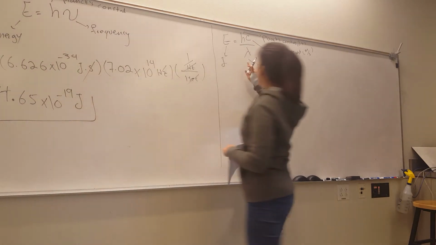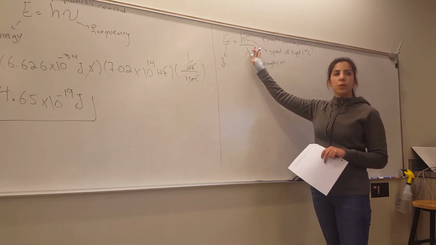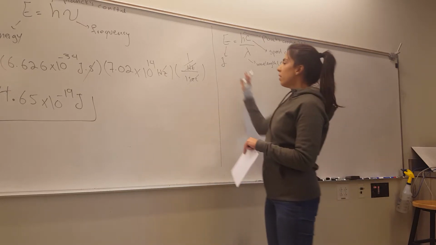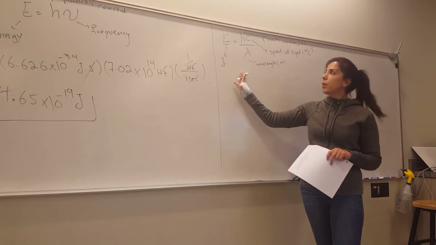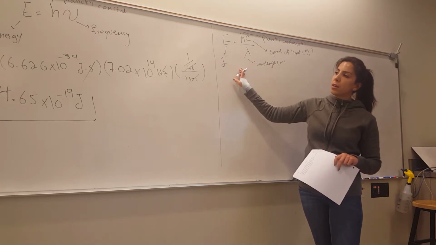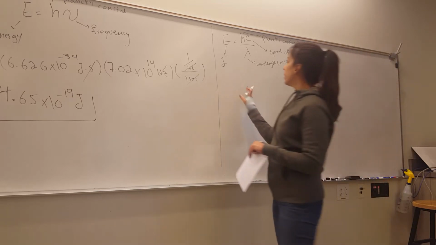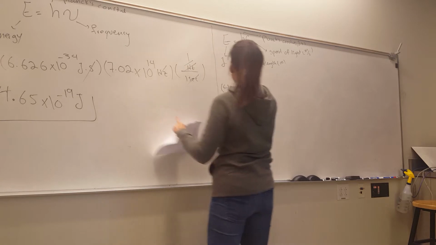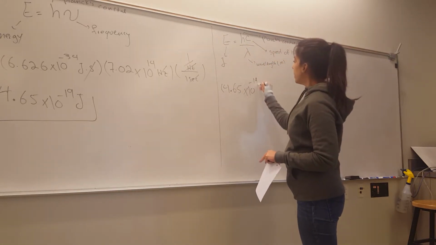Now, to find the wavelength, we already found energy. You can just plug it into this equation, and you can find lambda. There are a couple of ways to find wavelength here. One way would be plugging into the energy equation, or I'll show you another way. So energy is 4.65 times 10 to the negative 19 joules.